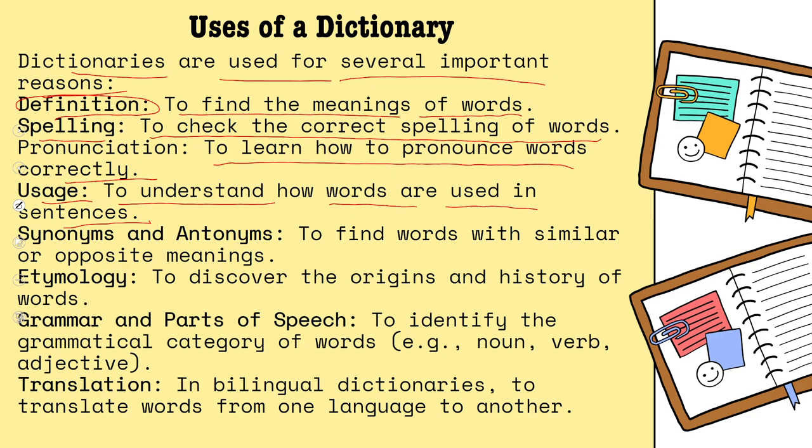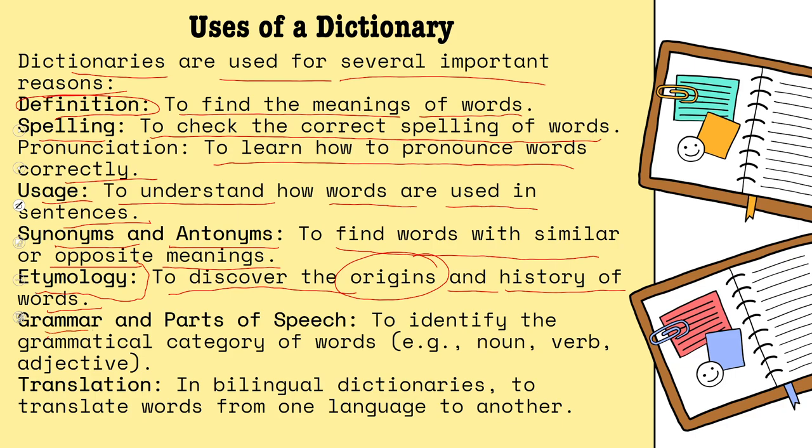We can also consult dictionary to look for synonyms and antonyms, to find words with similar or opposite meanings. Also, we can look up or discover the origins and history of words. This is what we call etymology.